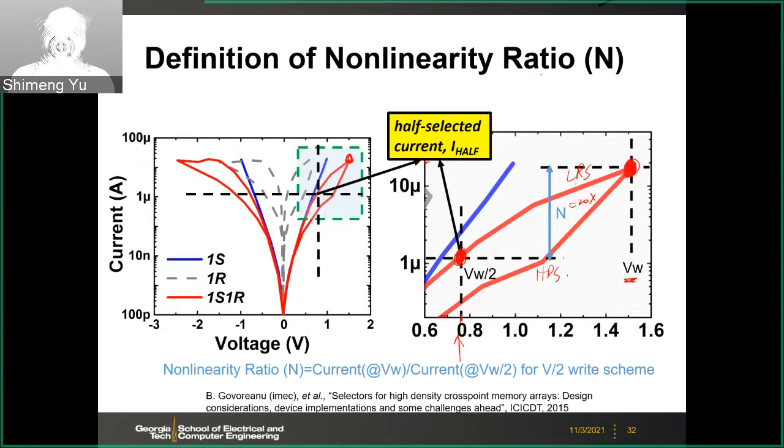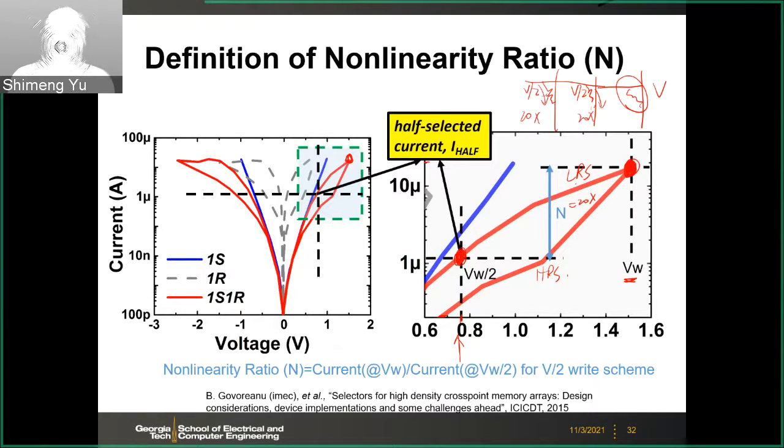Because remember, as we discussed before, for the corresponding array, if this is your selected cell, you have V across that, and the other ones see V over 2, right? And you want to suppress the current to those V over 2 cells. Here those V over 2 cells reduce the current by 20 times. This is better than a pure resistive network.